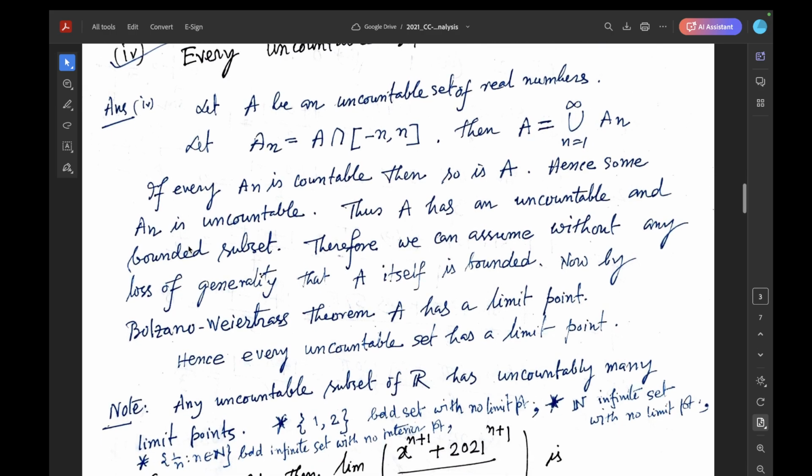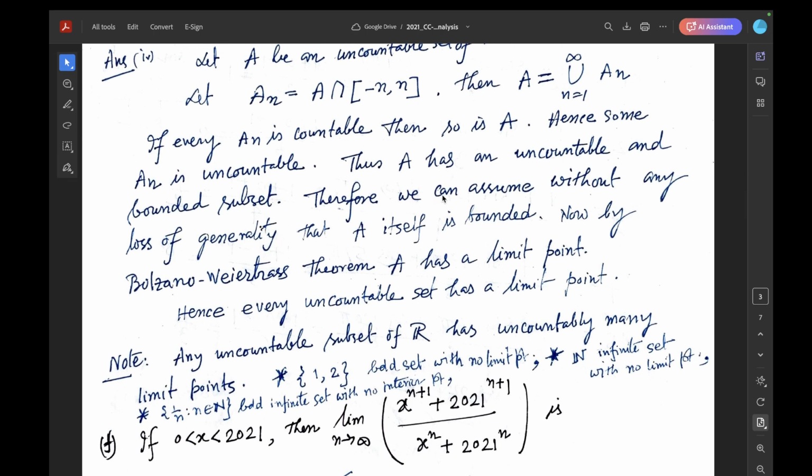If every A_n is countable, then so is A. Hence, some A_n is uncountable. Thus, A has an uncountable and bounded subset. Therefore, we can assume without any loss of generality that A itself is bounded.